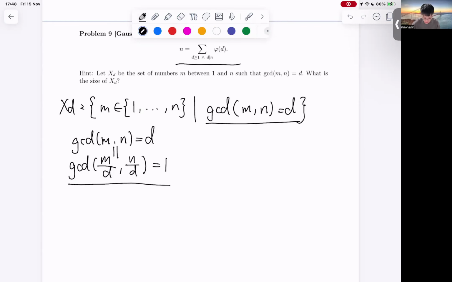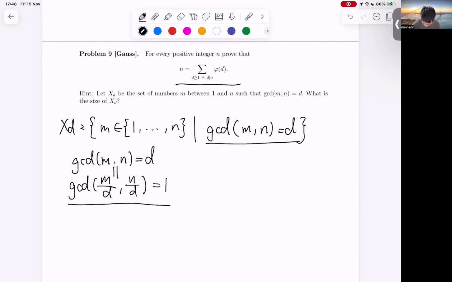So we're counting, since m should be less than or equal to n, right? So this is equivalent to counting all of the numbers that are coprime to n over d from 1 to n over d. So how many elements are coprime to n over d and less than n over d? It's simply given by this.